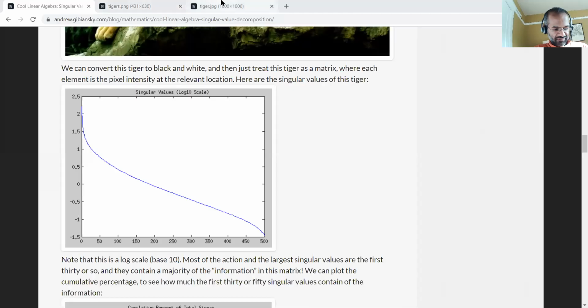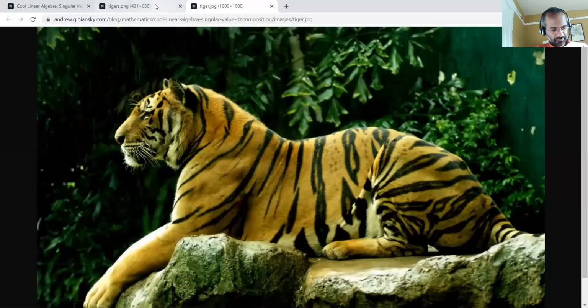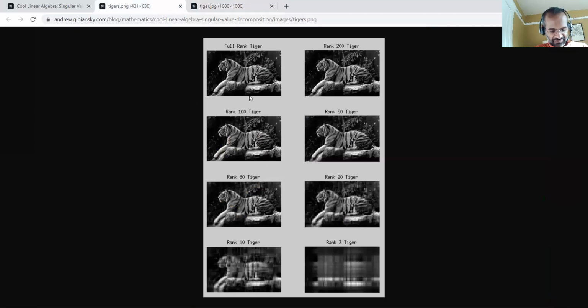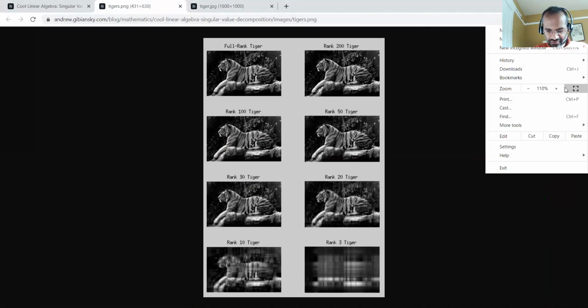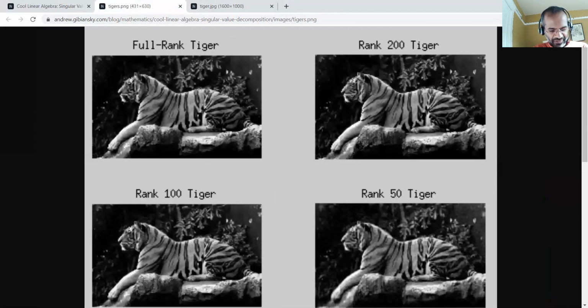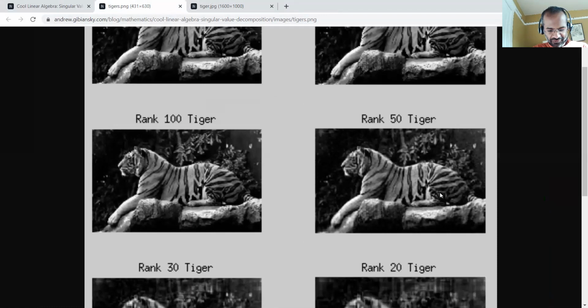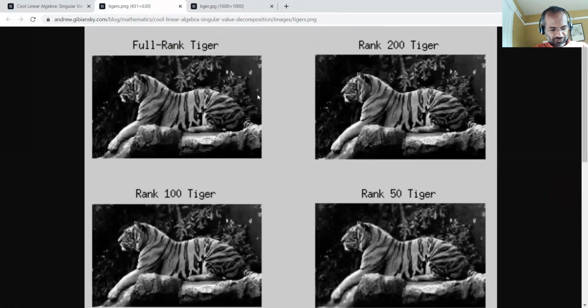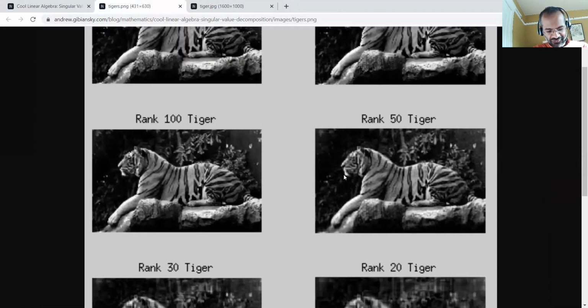So this was the tiger. And this is what happens if you do this, right? So if you take the full rank tiger, as in you don't throw away any singular values. Okay, I would like to zoom in here, actually. How do you zoom in? Yeah. Okay, the resolution is kind of low, but the point is, after you throw away most of the singular values, you still basically get something that looks like the tiger, right?